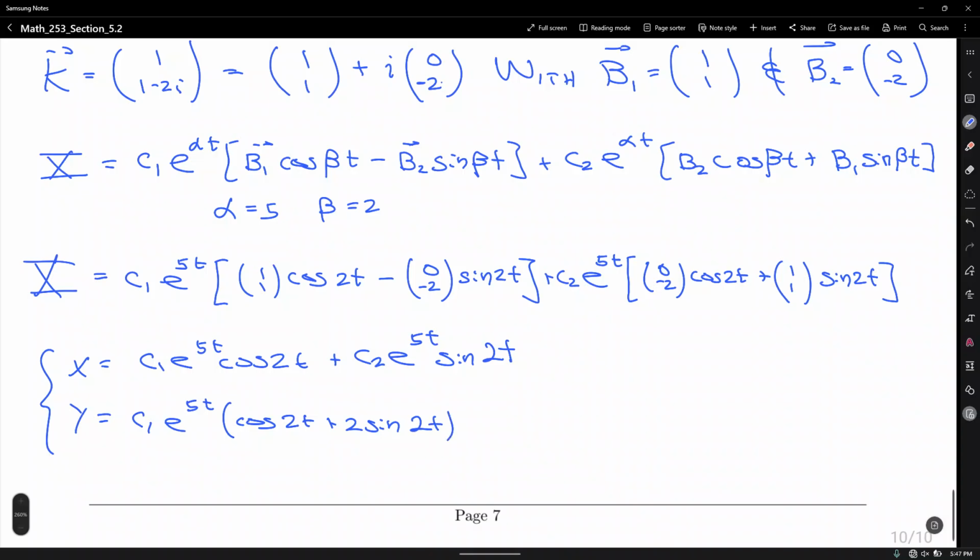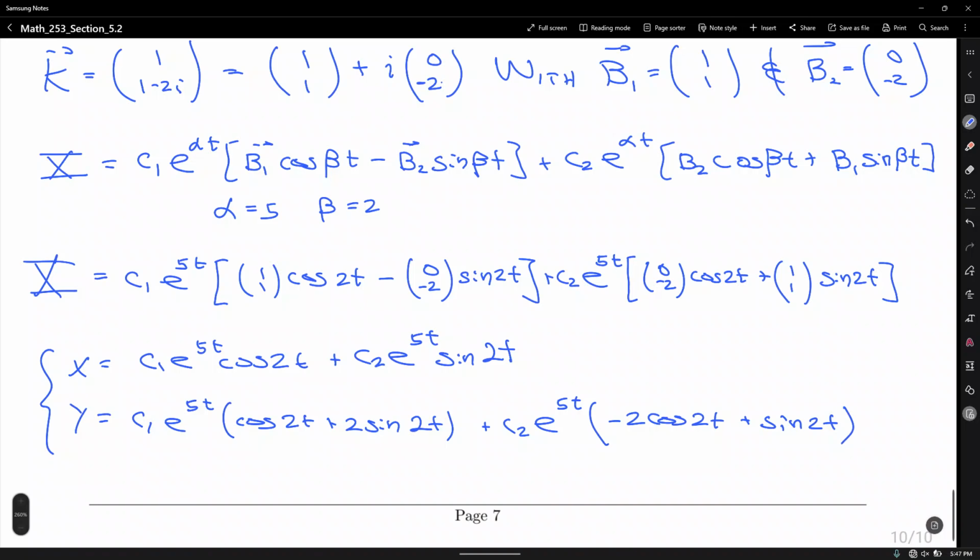And for the second term, plus C2 e to the 5t, and let me factor the exponential, that'll be negative 2 cosine 2t plus 1 times sine 2t, which is plus sine 2t. And that is the general solution, guys.